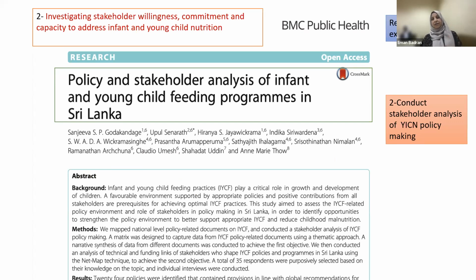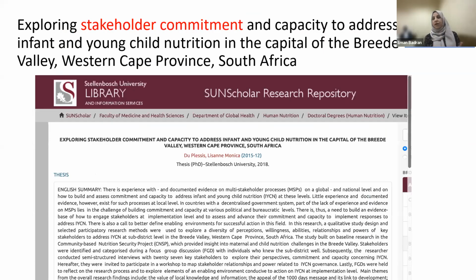Even, as Doris said, there are policies, but we don't know what the policy is. So in Sri Lanka and South Africa, they assessed the policy, the document, and the willingness and commitment of stakeholders through qualitative or quantitative research, and they analyzed how committed they are and what capacity building is needed to support these nutritional programs. So next, this is from South Africa, you can go to it later. Next.